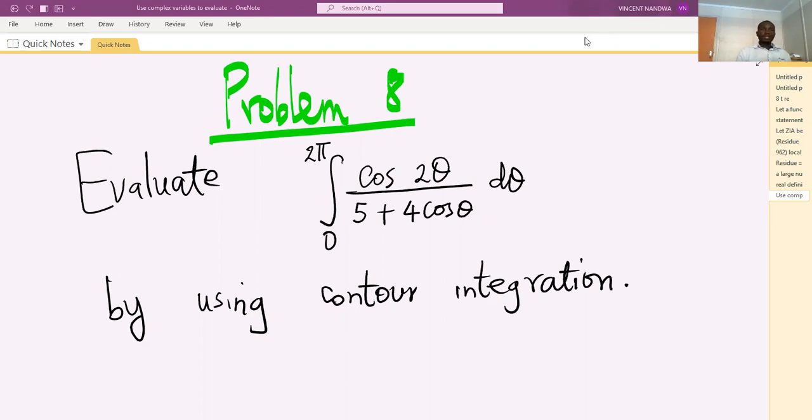So let's see how we solve this. The first step is to change the integral into the variable z. So step 1.